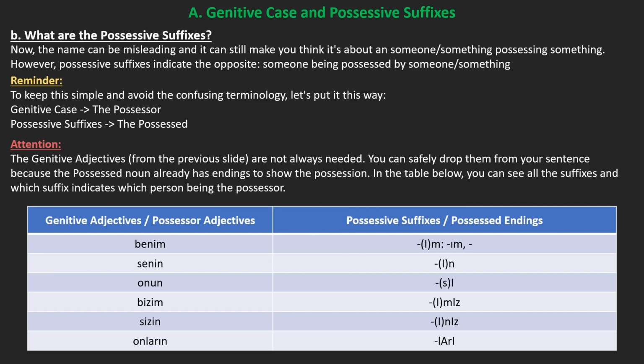Im, and then ın, wait, no. Every time it goes to the four-way vowel harmony, it uses the 1, 2, 3, 4. This is the four-way vowel harmony: ı, i, u, ü.